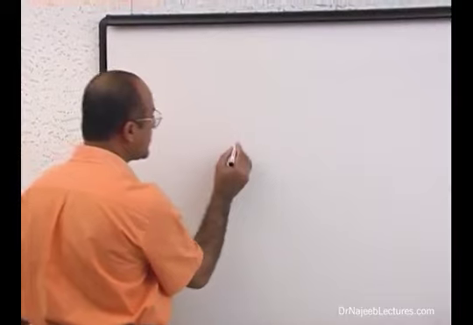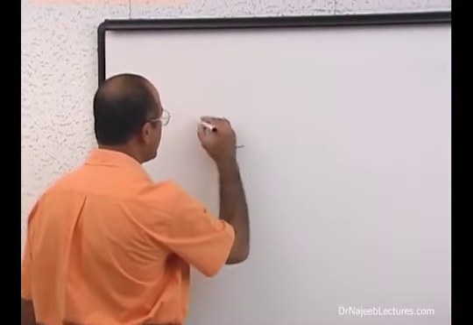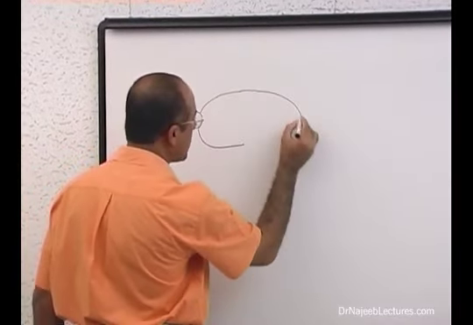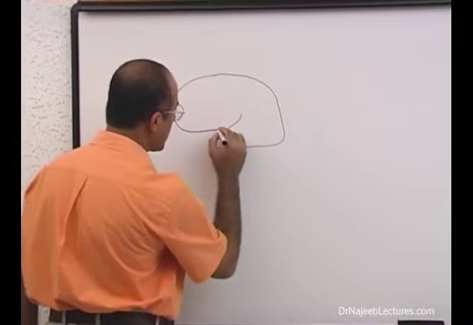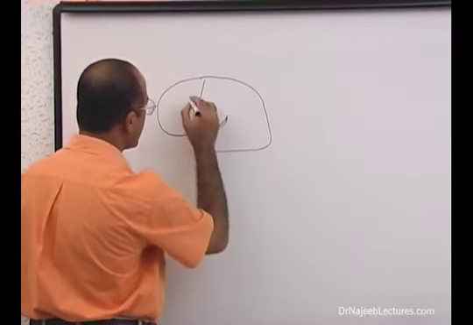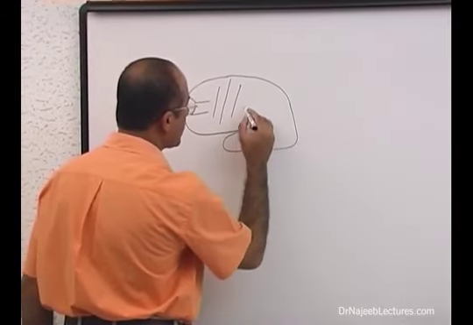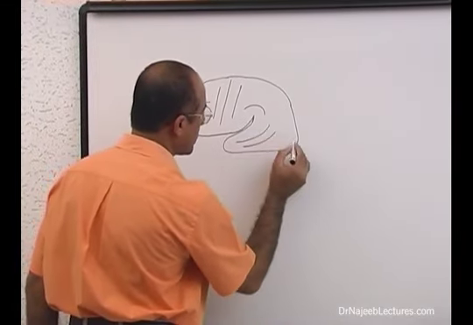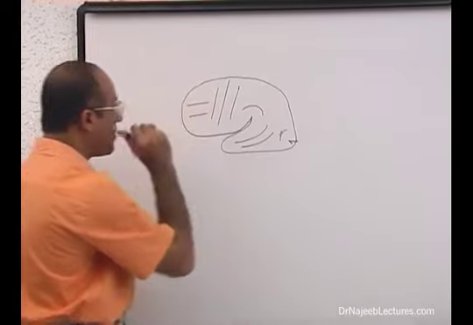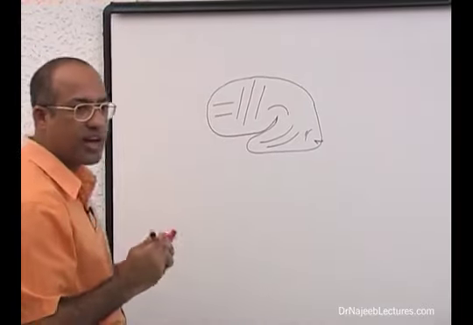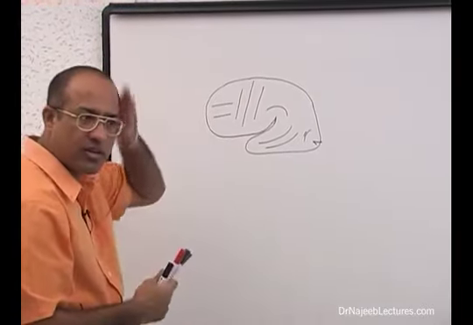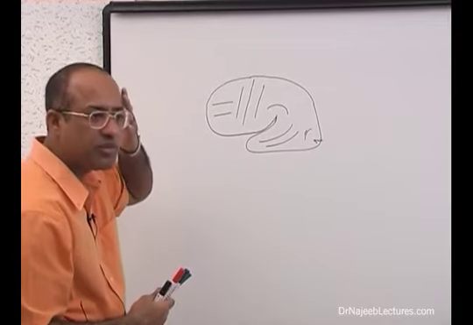The cerebral cortex has certain areas which are called motor areas. Now, this is the supralateral surface of the cerebral hemisphere.